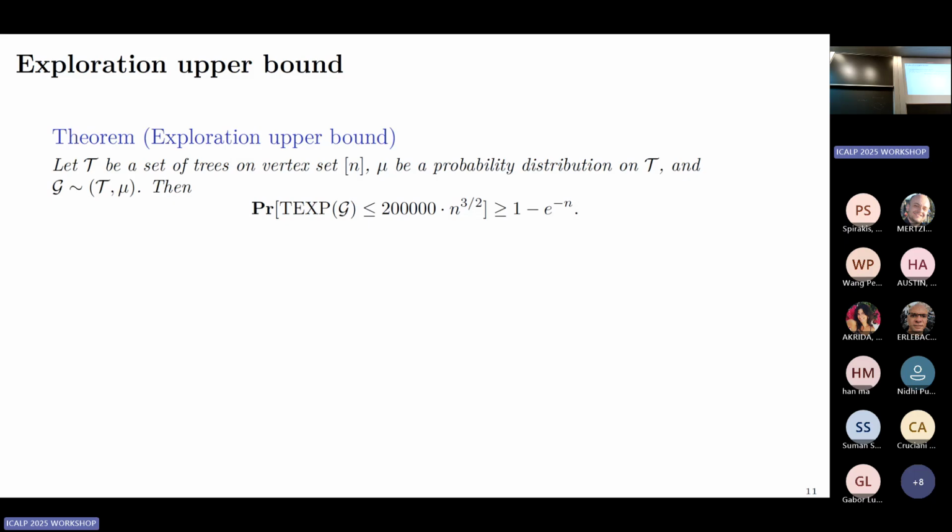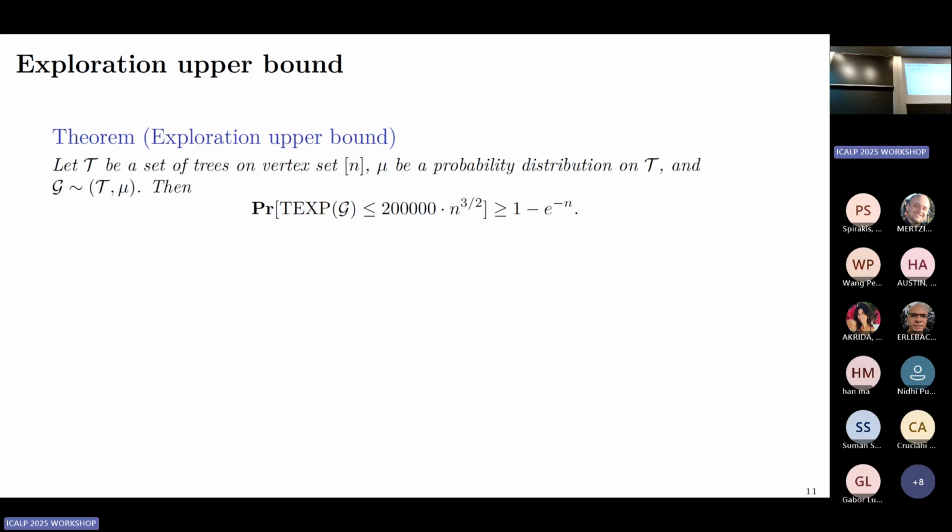You might see here that we didn't quite optimize for constants. The proof is quite complicated, and over the multiple lemmas the constants keep stacking up. So this is probably not tight constant-wise. But this is what we show.